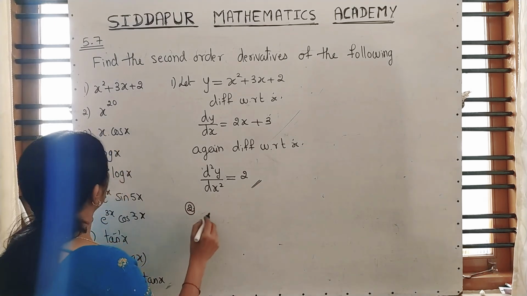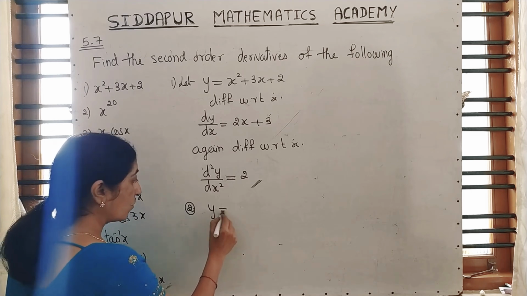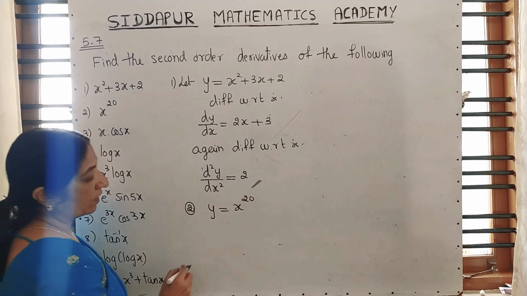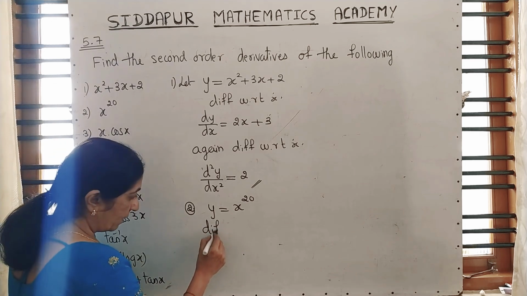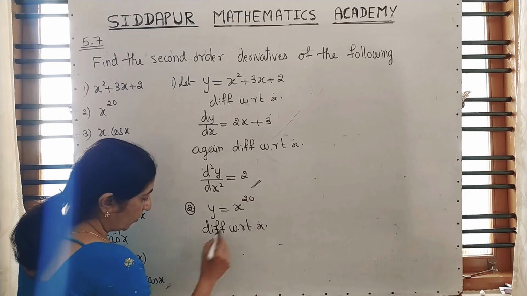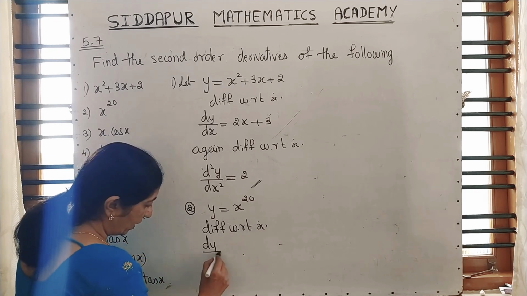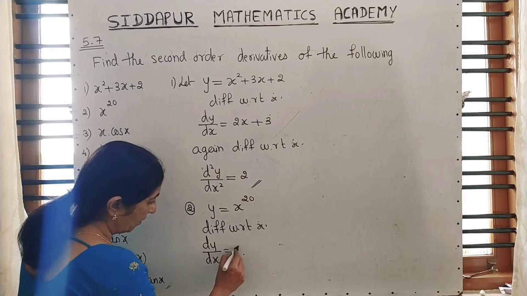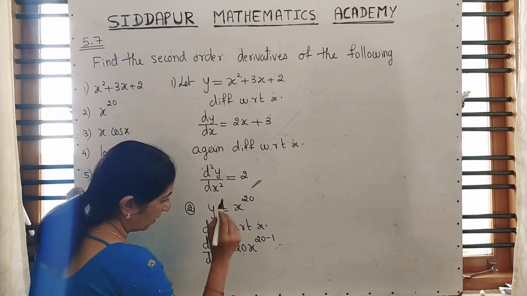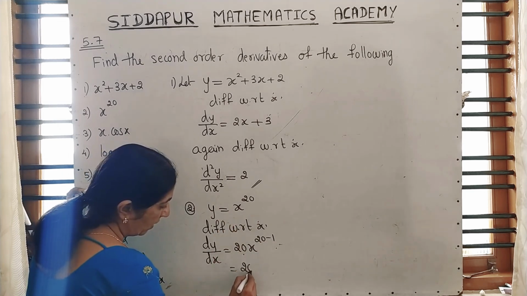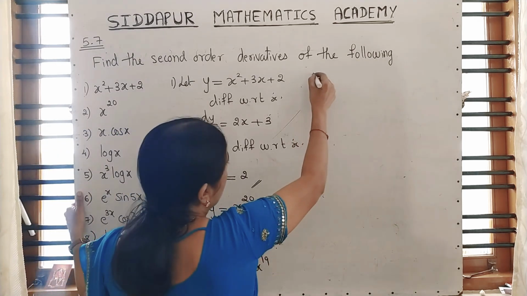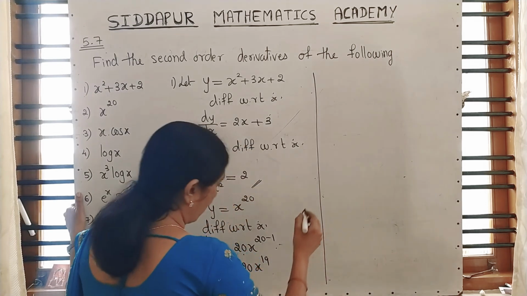Moving to the second question, y is equal to x raised to 20. It is in the form of x raised to n. Differentiating with respect to x. See, I am explaining very slowly. dy upon dx is 20 into x raised to 20 minus 1. It is 20 into x raised to 19. So differentiate this answer again with respect to x.